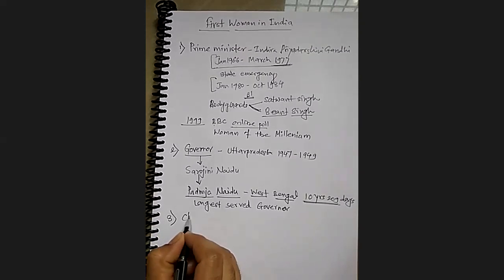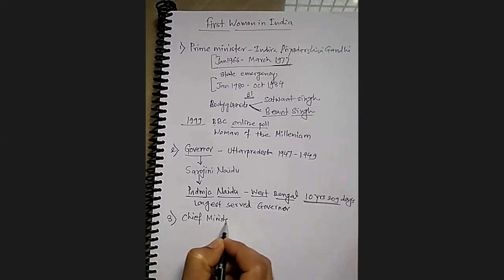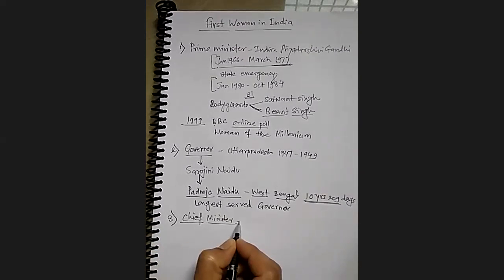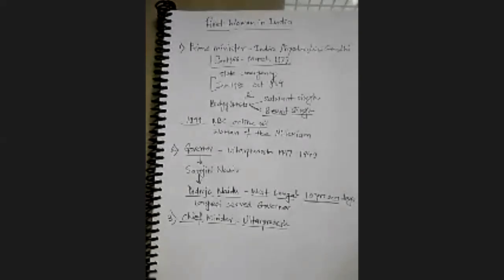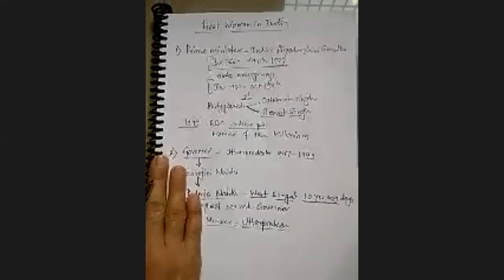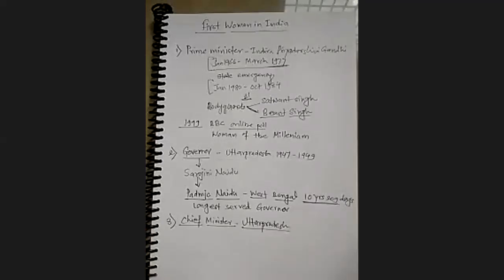Now we can consider the chief minister. India's first woman chief minister was for the same state, Uttar Pradesh. Now see, for Uttar Pradesh the first woman governor was there, and the first woman chief minister is again for Uttar Pradesh, and the name of that chief minister is Sucheta Kripalani.